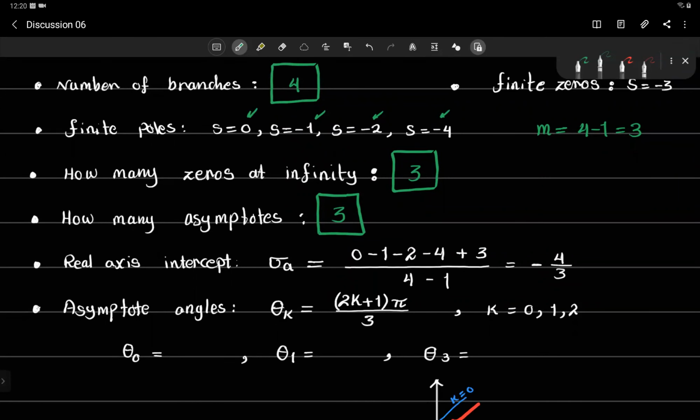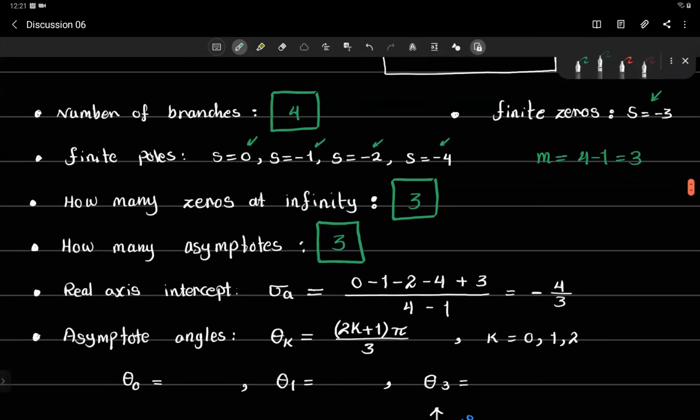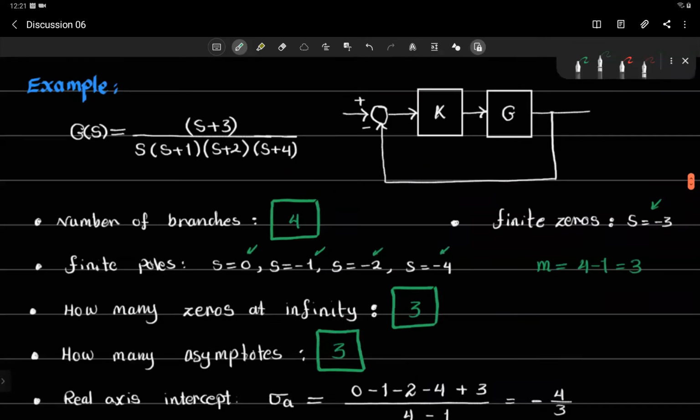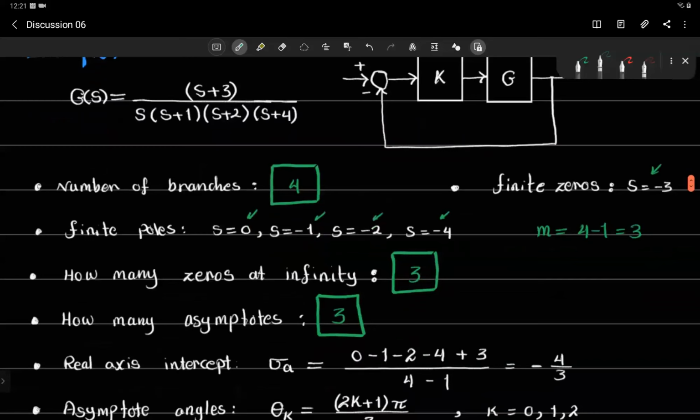Now that we've calculated the number of asymptotes, and we have the poles and the zeros of the open loop transfer function, we determine the real axis intercept of these asymptotes, which is sigma a. So sigma a is the sum of the finite poles.